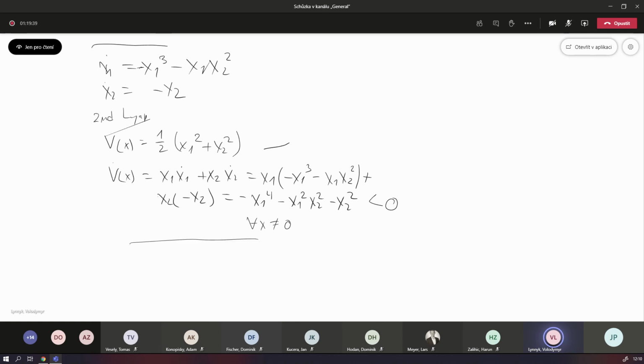Now we make some interesting example. Let's design the feedback controller.